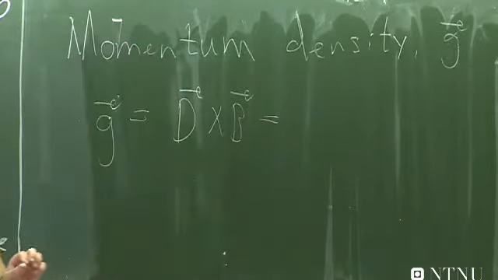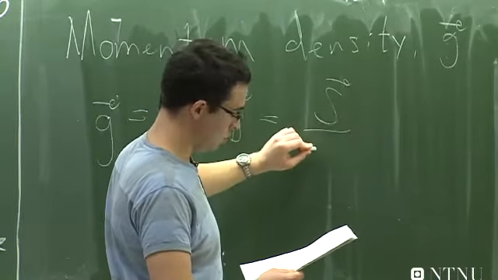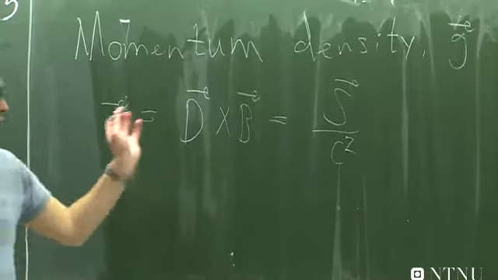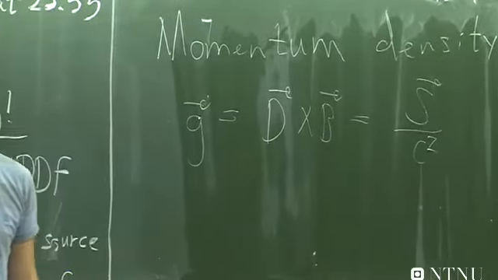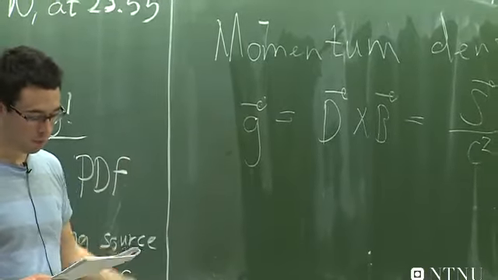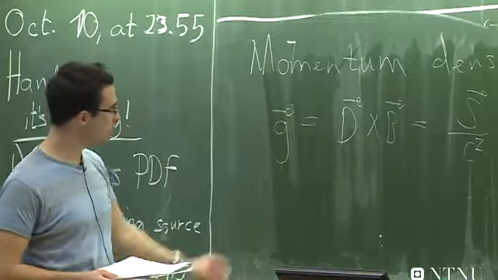Again, this is assuming linear media, of course, and it's S over c square. So it's a vector pointing in the same direction as the Poynting vector, but this is not the transport, it's the density. And again, we're interested in the time average.